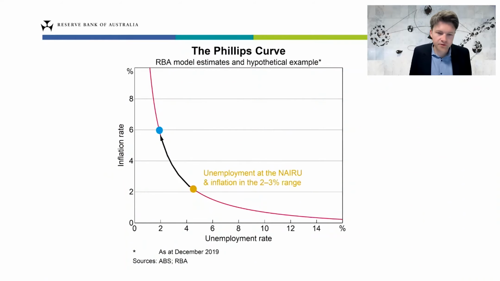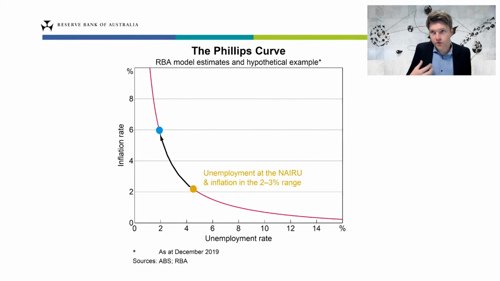workers see that inflation is rising more strongly than it had previously. And initially they were surprised about that increase in inflation, but eventually they're going to start revising their expectations of what inflation will be like in the future. Now, when they do that, they're going to demand higher wages from firms in order to compensate them for that higher inflation.